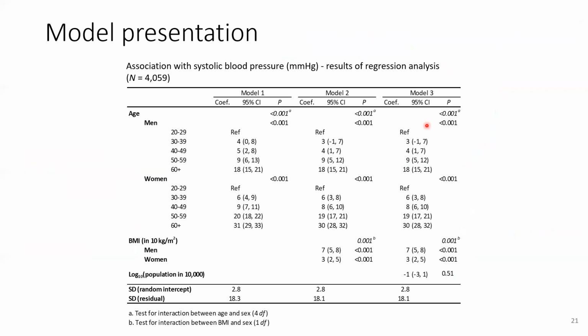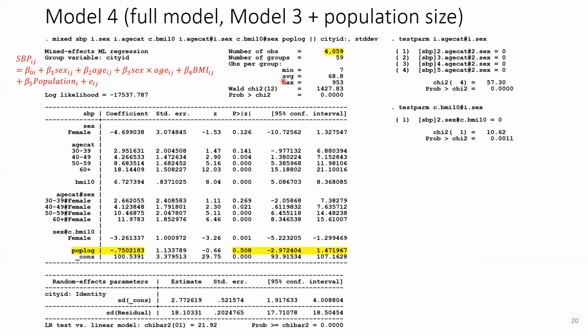It's because of this equation. This equation includes this city-specific intercept. So what does it mean? Blood pressure will change depending on which city you live in. So if we do not fix a city, and when we observe a difference in blood pressure, we do not know if it is because I live in a different city or because of my age and so on.